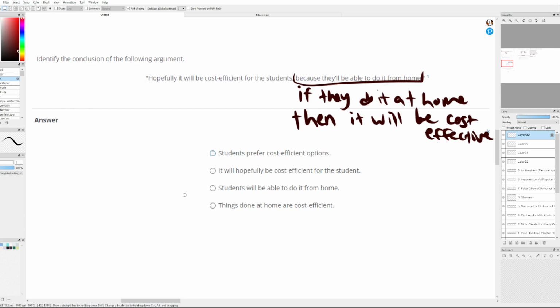So, because students will be able to do it from home, that is going to be our premise.